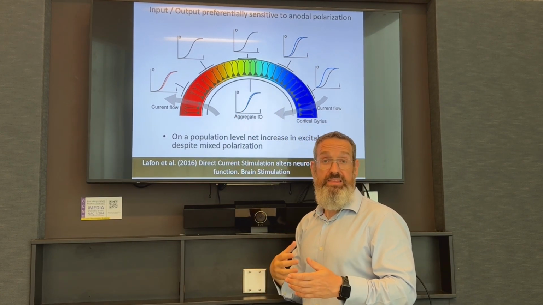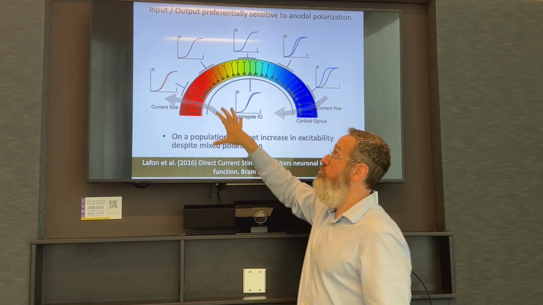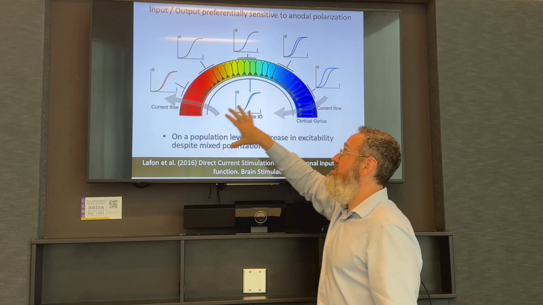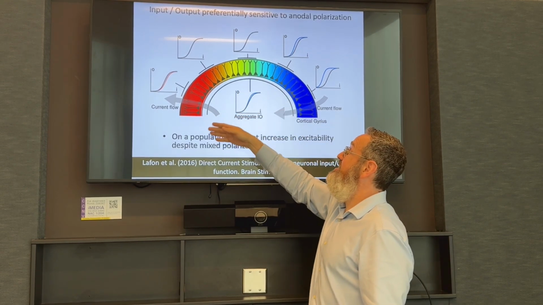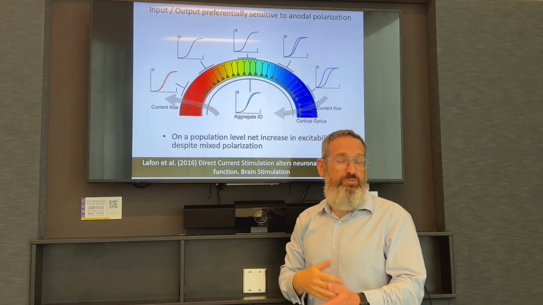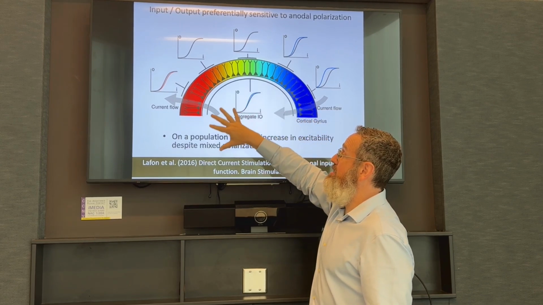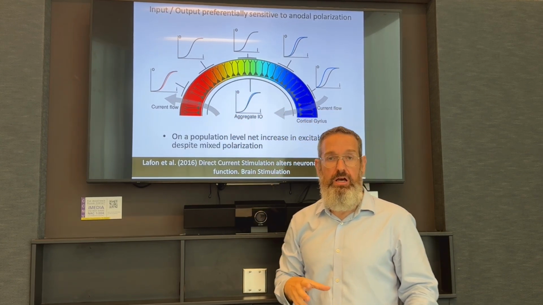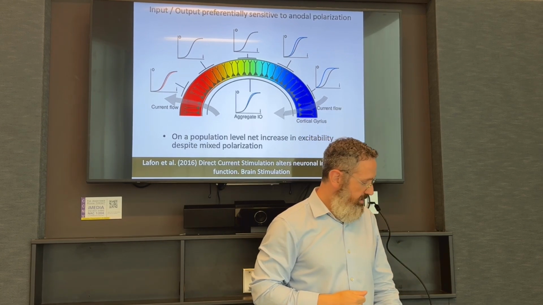Now, obviously, it may not be that way. I may have a piece of brain where it's 80% inward and 20% outward, and then I'm going to see an even greater net increase. Or I might have a piece of brain where it's 90% outward and 10% inward, and therefore I may not see any increase at all. So where I land here obviously depends on the specific gyrus I'm talking about, but it's not a zero-sum game. So that's one very important idea.